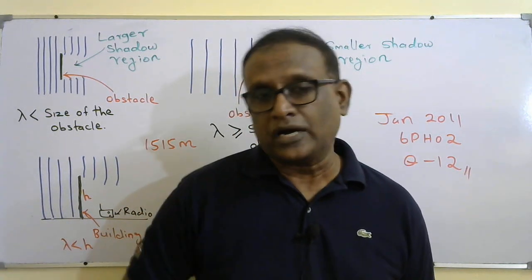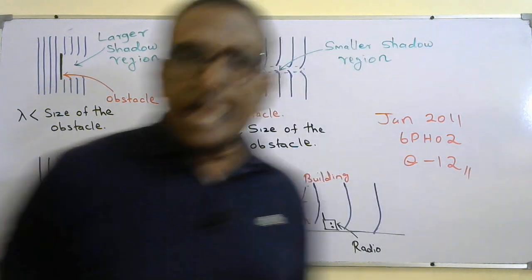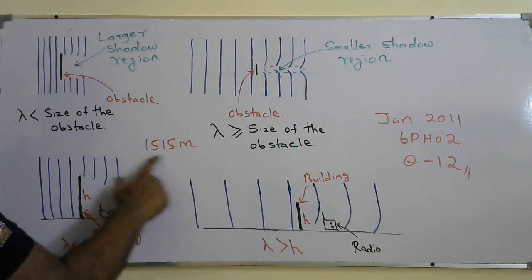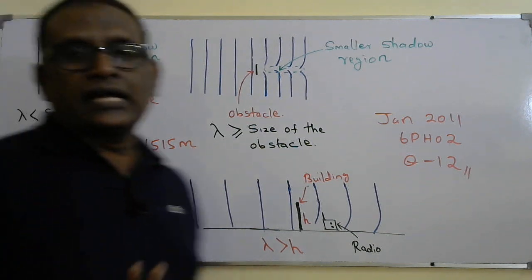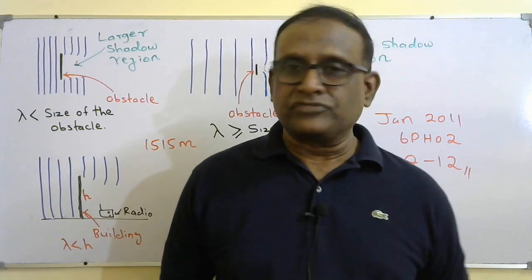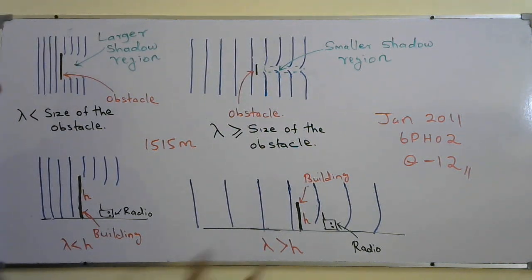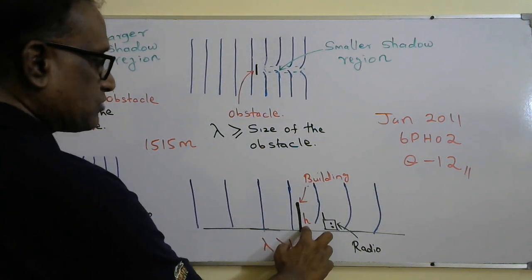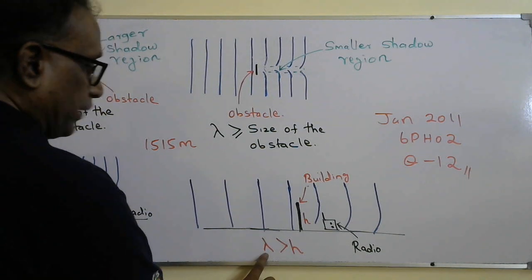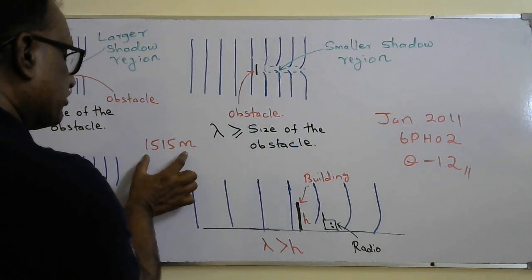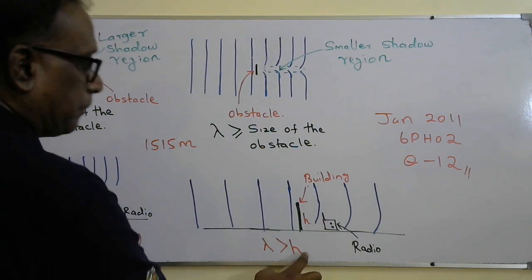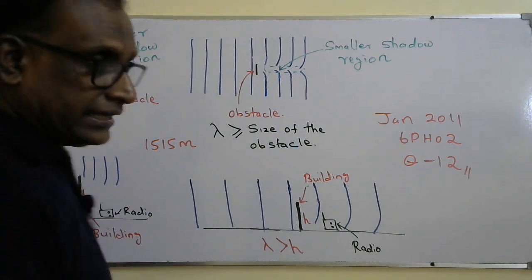Explain why, a 3-mark question. So there you should say, actually, 1515 meters means there are no buildings taller than 1515 meters. This is the diagram. The height of the buildings will be smaller than the wavelength, or the wavelength, which is 1515 meters, will be much larger than the height of the buildings.